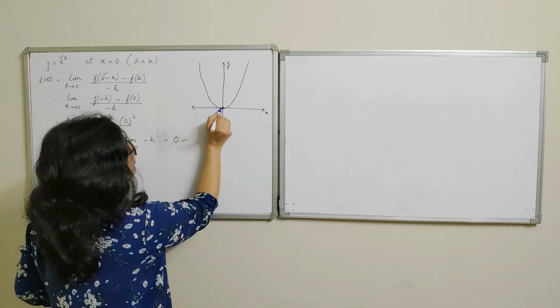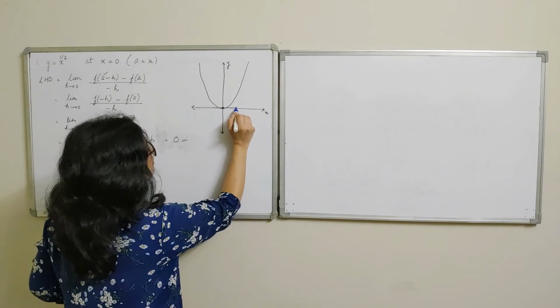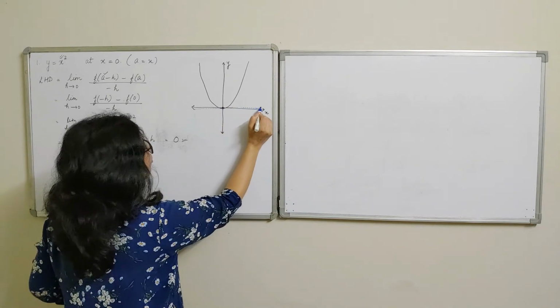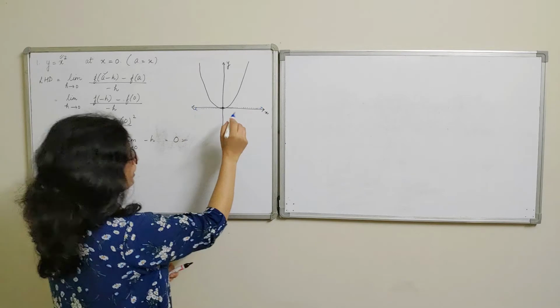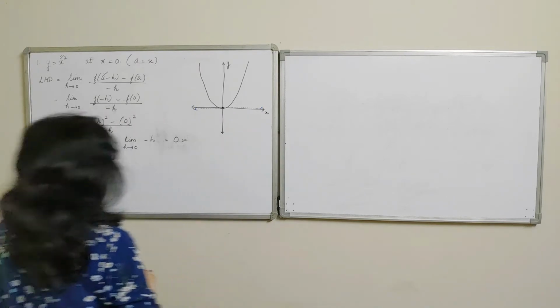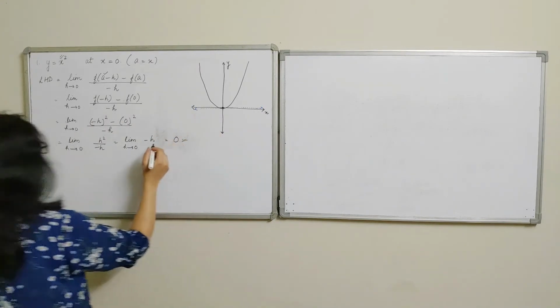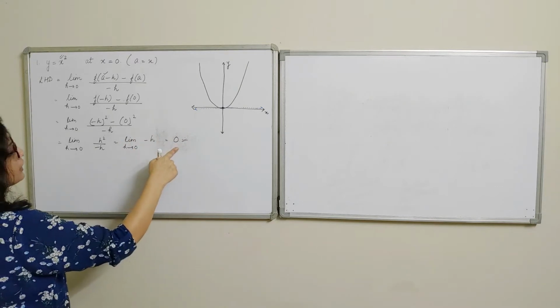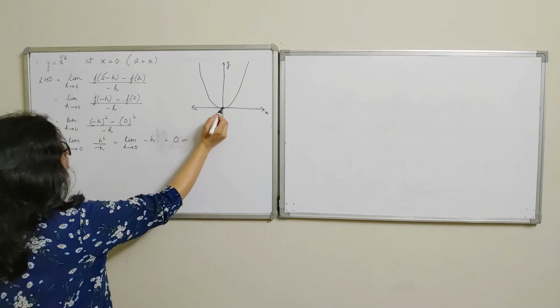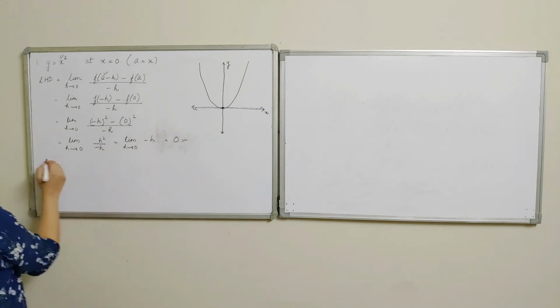Although the figure does not seem to be coinciding with the x-axis, you have to understand that this is coinciding with the x-axis. I am showing it this way so that it can be clearly seen. Okay, that's the left hand slope of the tangent when we are approaching this point from the left hand side.